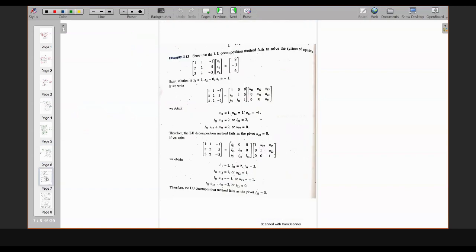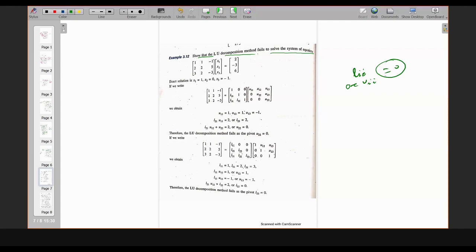Here I can give an example where the LU decomposition method fails to solve the system of equations. As I told you in the notes, the LU decomposition method fails if you find that one of the elements Lii or Uii is equal to 0.